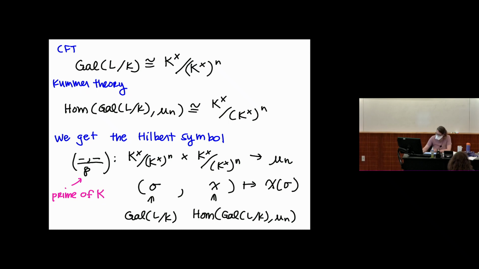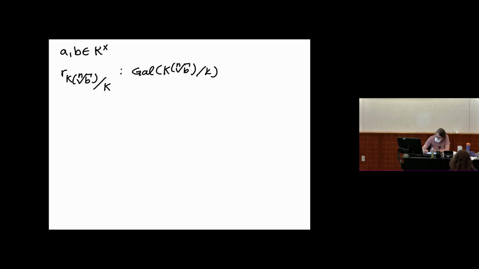Let me do one little example to make this a little clearer. If I have A and B in K cross, I could take the reciprocity map of this extension. This is K cross mod the norm group of this extension.